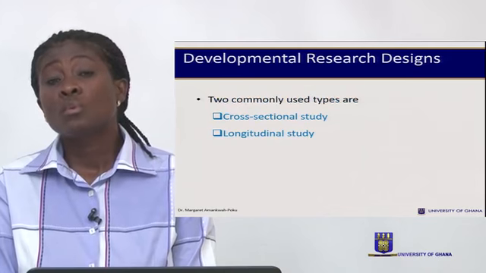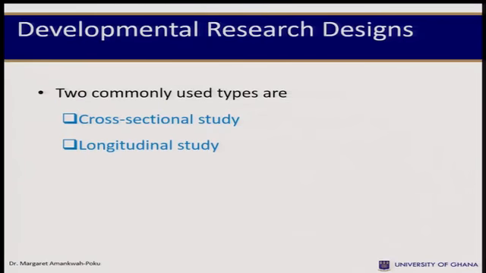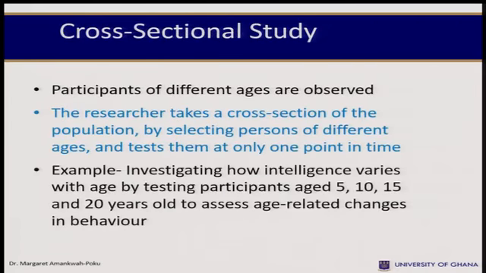Now, there are two common types of developmental research designs. These are the cross-sectional research design and then the longitudinal research design. So let's look at the cross-sectional. Here, participants of different ages are observed.